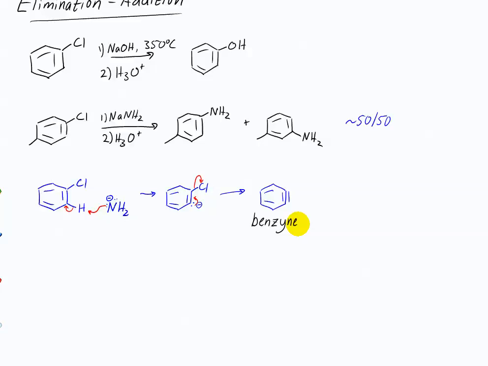Isolated? No. Well, not really. Because it must be really unstable. It's really unstable. You can trap it, and we're going to talk about how you can trap it. But yeah, you can't just kind of have a bottle of this stuff.